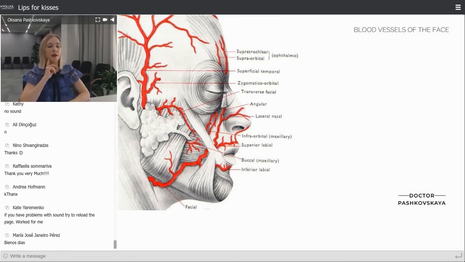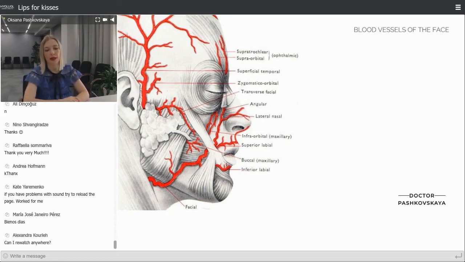If I catch it, I mark it with my dermal marker. Now we imagine that the artery goes to the corner of the mouth and gives branches to the lower lip and to the upper lip.